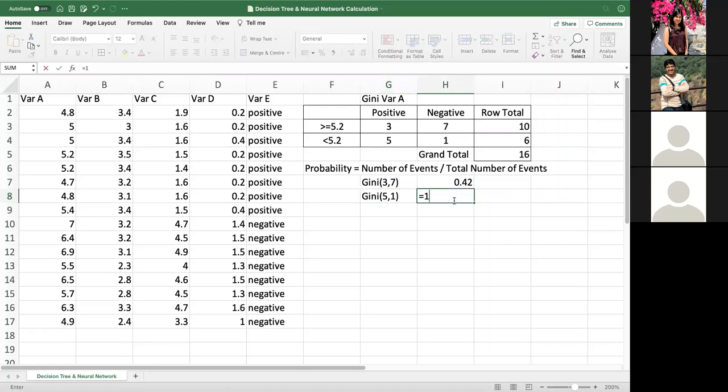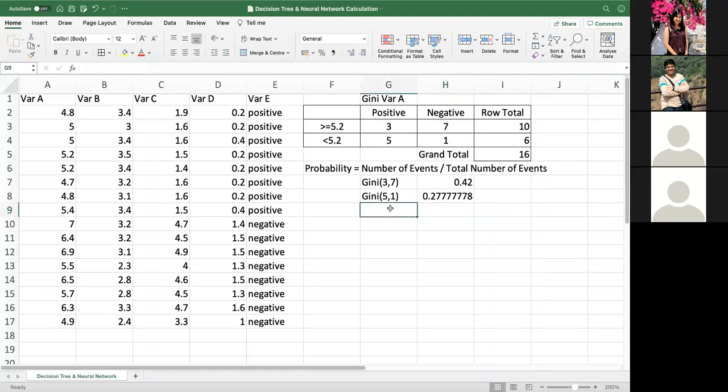Again, it is 1 minus open bracket 5 divided by 6 to the power of 2 plus 1 divided by 6 to the power of 2 close bracket. So the Gini of row 5, 1 gives the answer 0.2778.